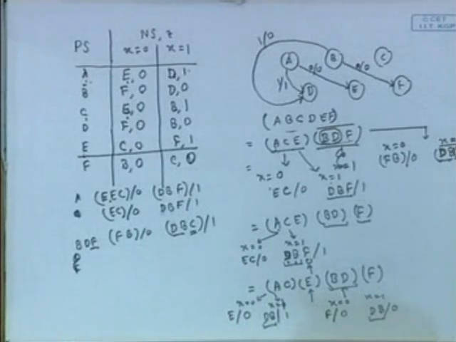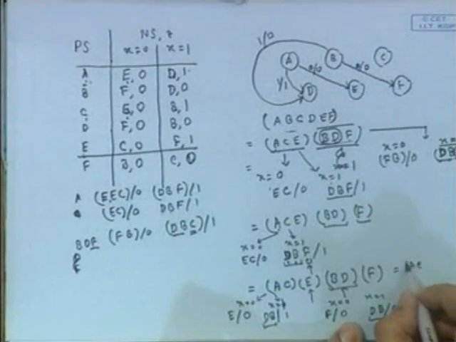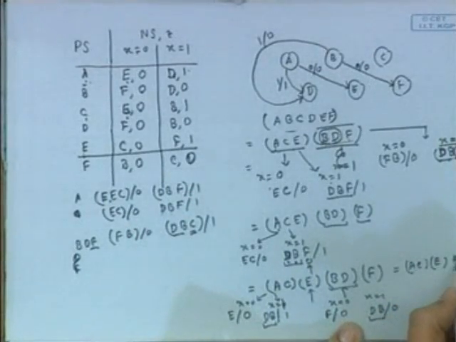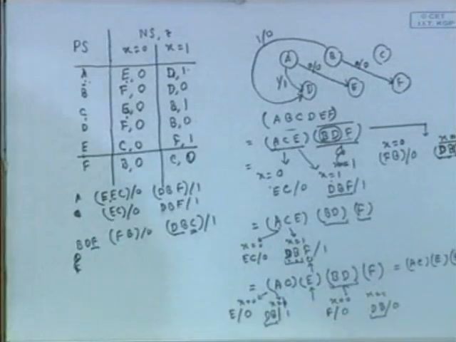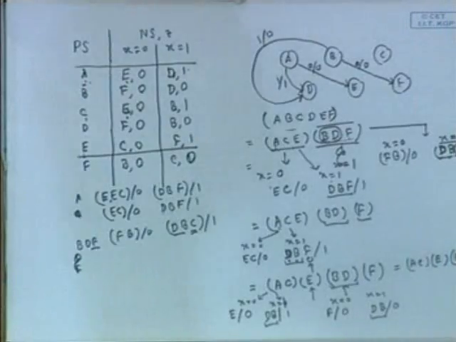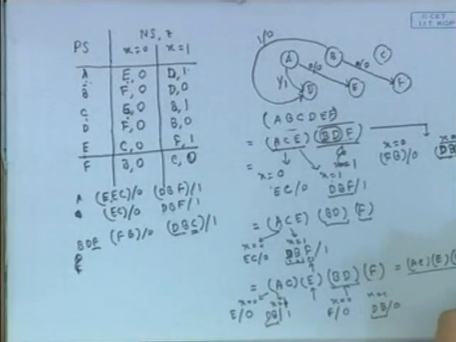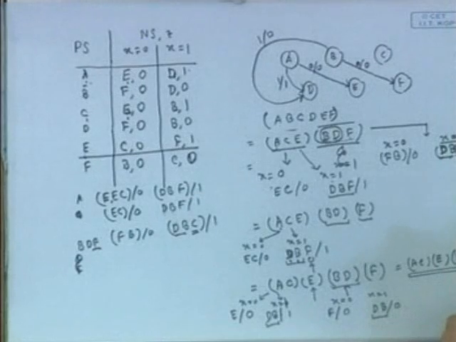So after 4 refinements you will get the same thing, AC, E, BD and F. If you go on refining it you will always get this, you can't refine it further. So this is the minimum possible state that you can get.